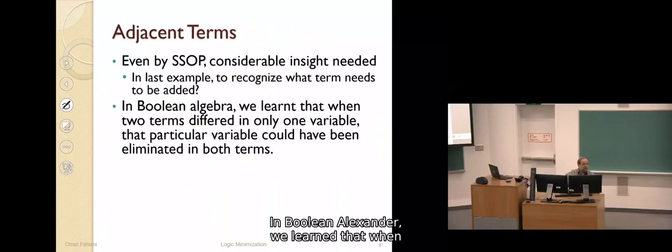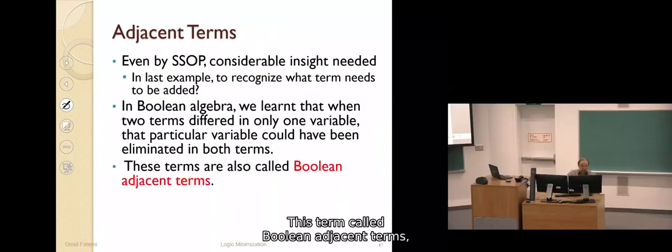In Boolean algebra, we learned that when two terms differ in only one variable, it is easy. We just factor and the variable is gone. These terms are called Boolean adjacent terms. But Boolean adjacent terms don't all reside adjacent in the truth tables. Some of them do, some of them do not.